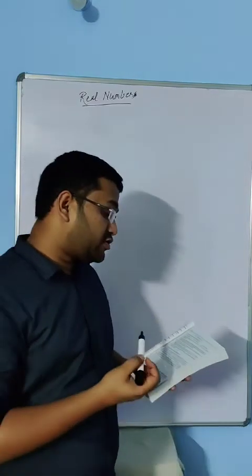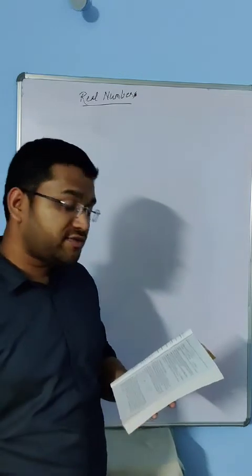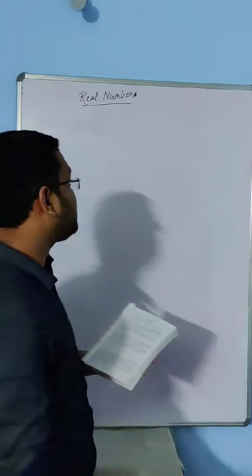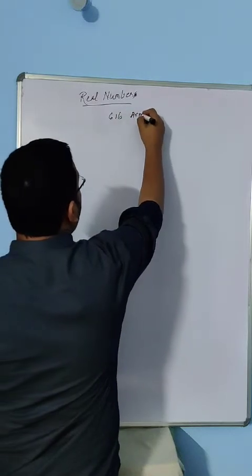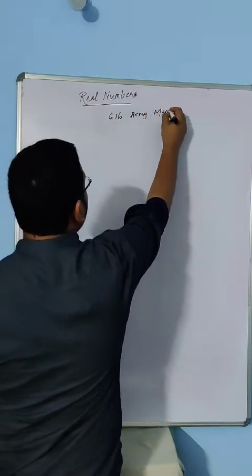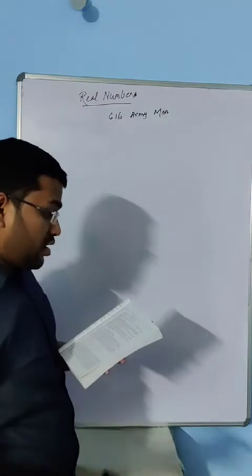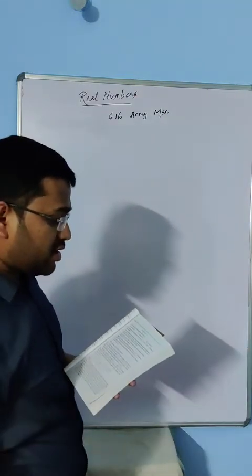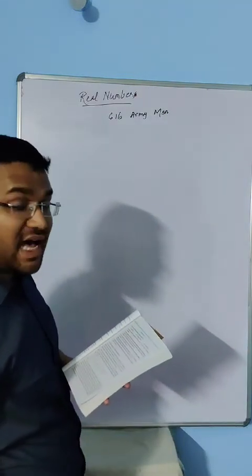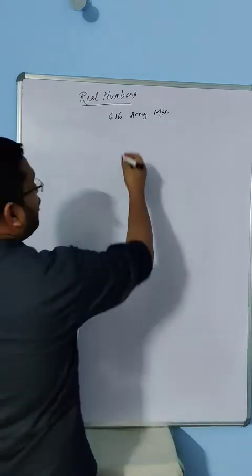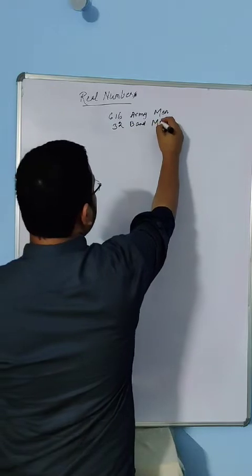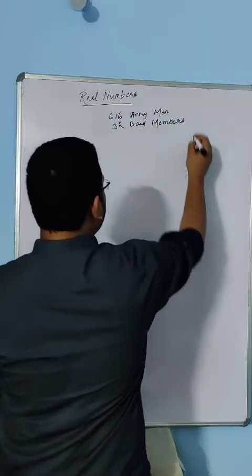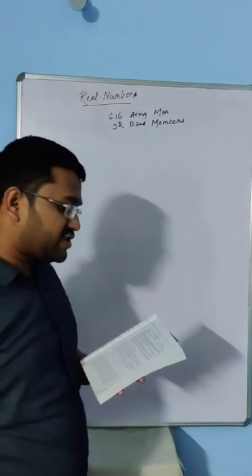So an army contingent of 616 members, so in total 616 army men are there. These army men are supposed to march behind an army band of 32 band members.